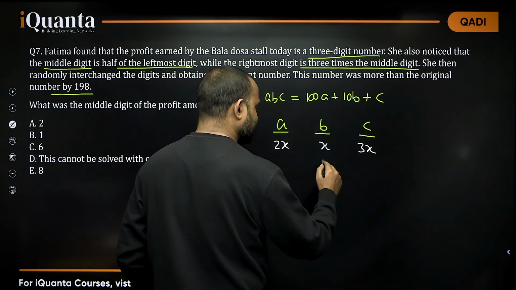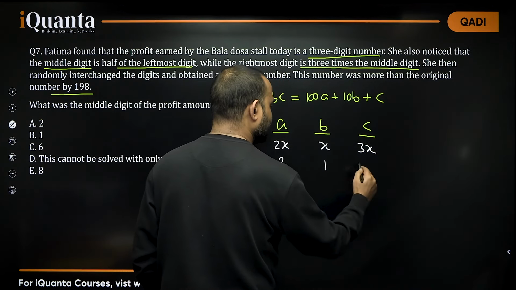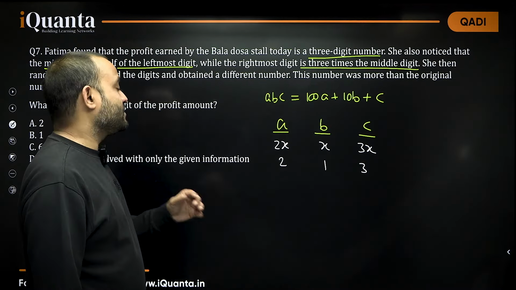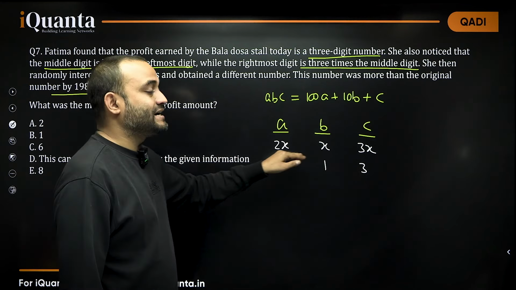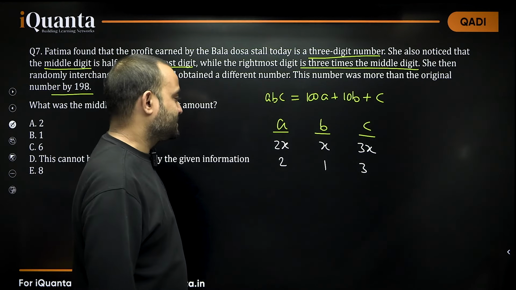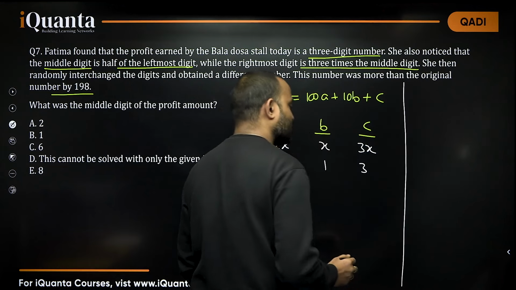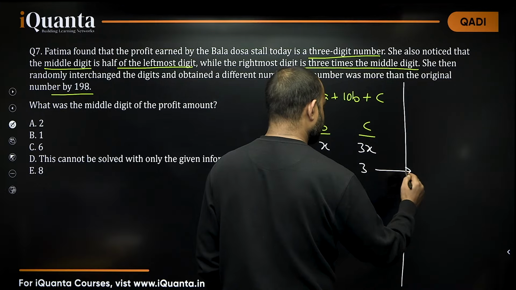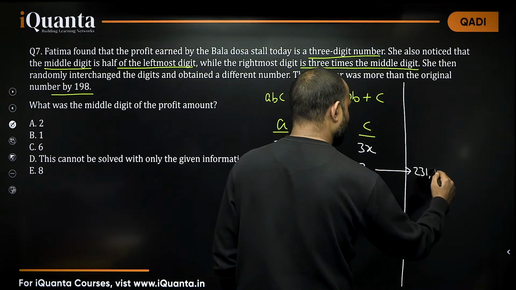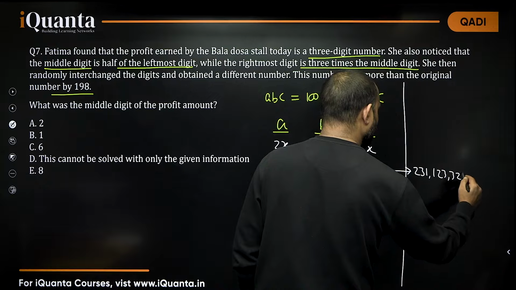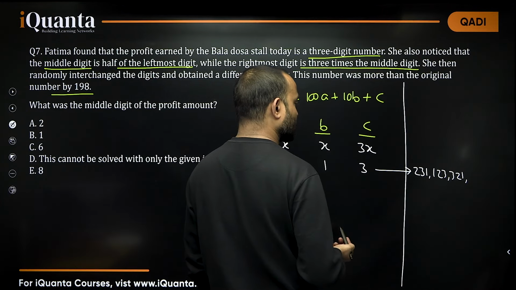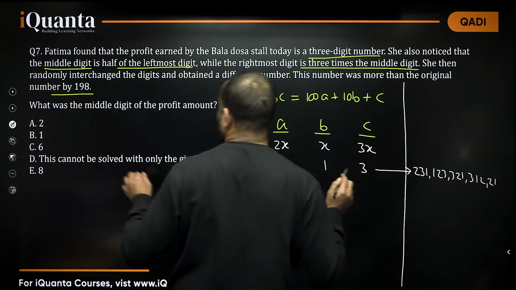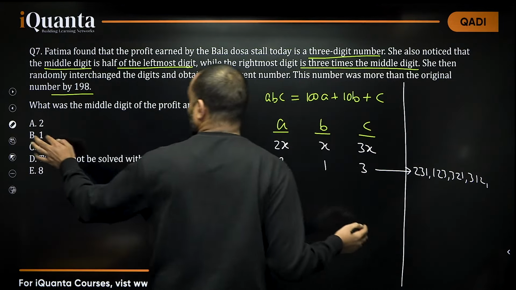Correct? If I take this digit as 1, this will be 2 and this will be 3. Now, is there any possibility? Whenever you are taking a number which is 198 more than that, what will happen? If we interchange the digits, the possibilities are 231, 112, 3, 3, 2, 1, and 312, and 2, 1, 3 is already taken, 132.